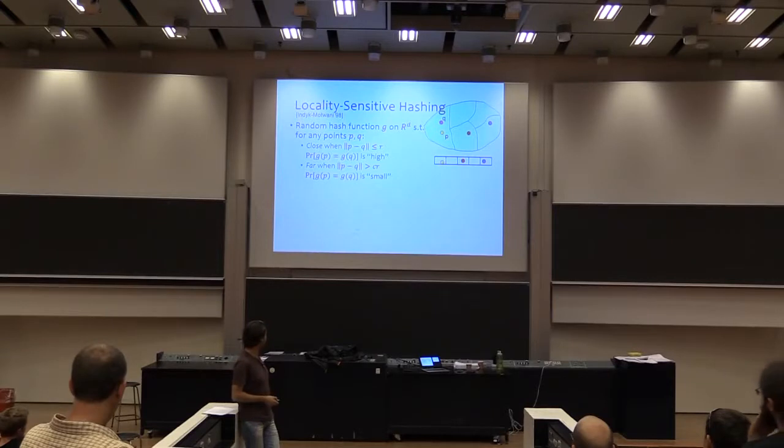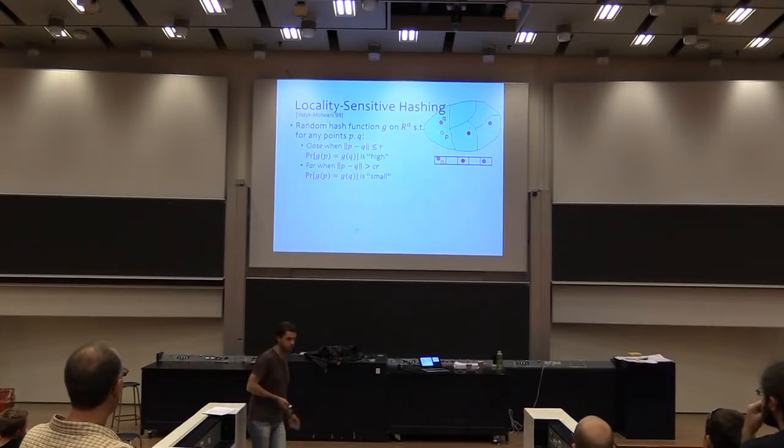And then when a query point arrives, we just look up the bucket where the query point Q lies in. This guarantee says that we'll find our near neighbor. This guarantee says that that bucket will not contain any other points. Okay? So this is correctness, and this says that the query time will be very small.